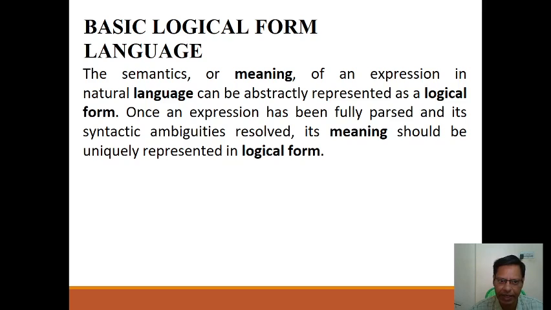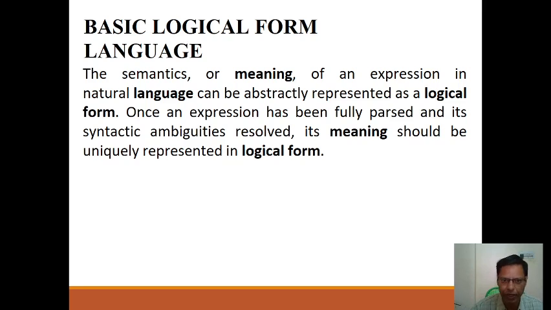What are syntactic ambiguities? Ambiguity is more or less confusion, so it is moving from a state of confusion. So it is parsed and syntactic ambiguities resolved. Its meaning should be uniquely represented in logical form.